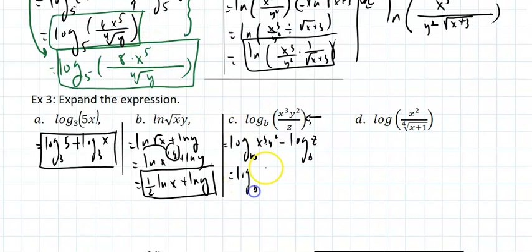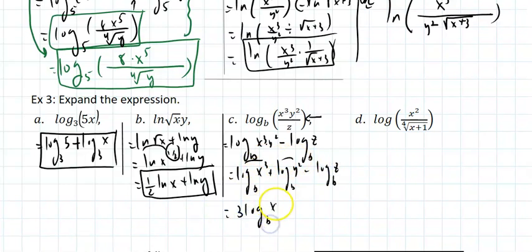That's log base b of x cubed plus log base b of y squared minus log base b of z. And if I move those powers up front, that is 3 times the log base b of x plus twice the log base b of y minus the log base b of z.